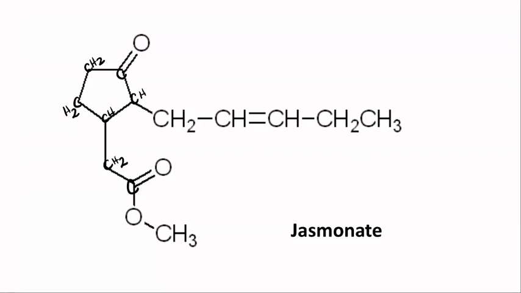Using my highlighter tool, I'm going to identify the functional groups that can be found in this molecule. The first functional group that I can identify is a carbon-carbon bond that is connected by a double bond. That functional group is known as an alkene.